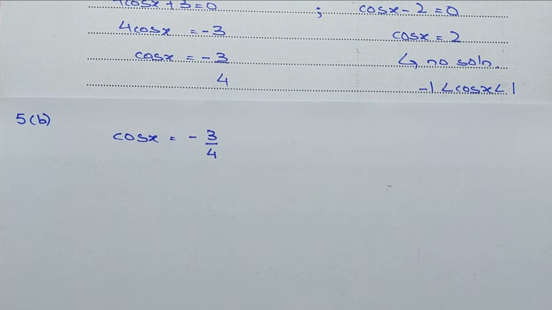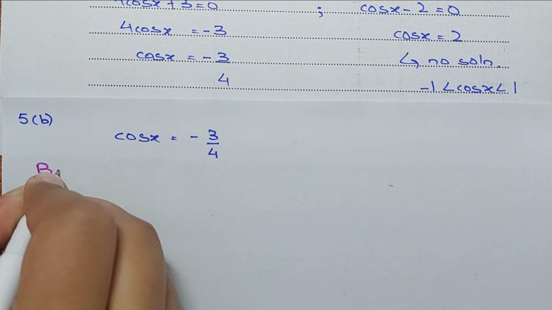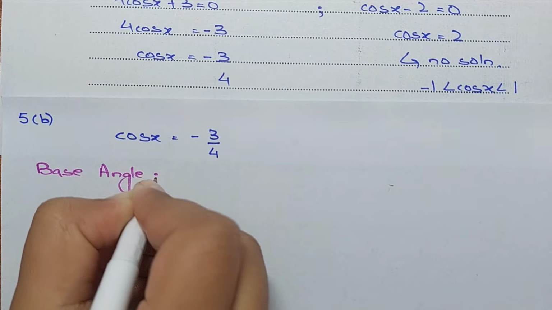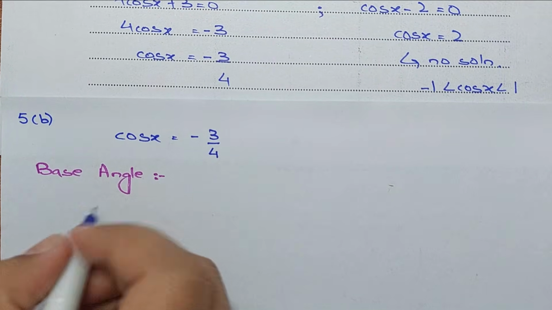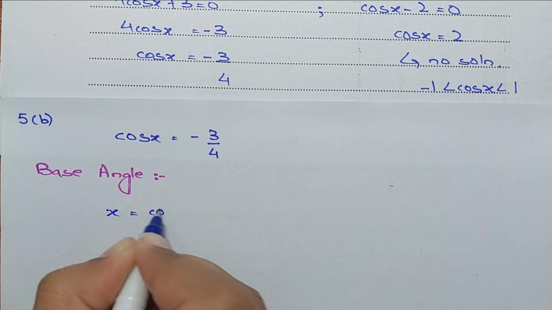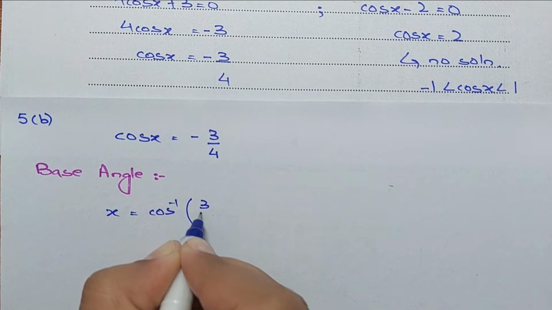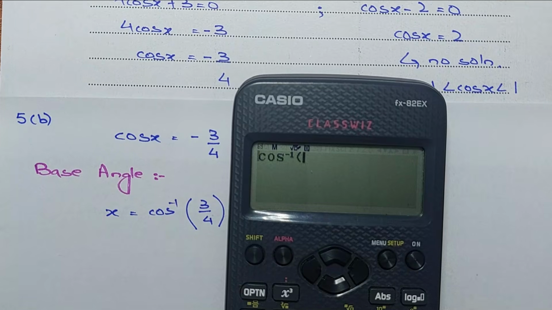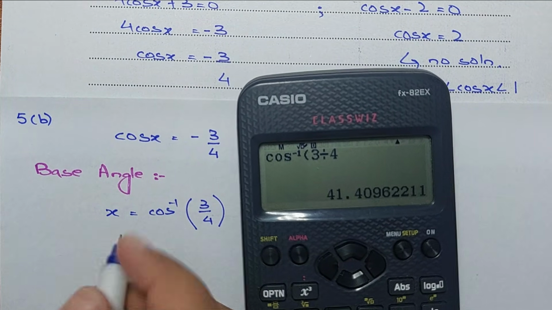So the first step is to find the base angle. The base angle is the angle which we find without using the signs. So x would be equals to cos inverse of 3 by 4. Cos inverse of 3 divided by 4 is 41.41.